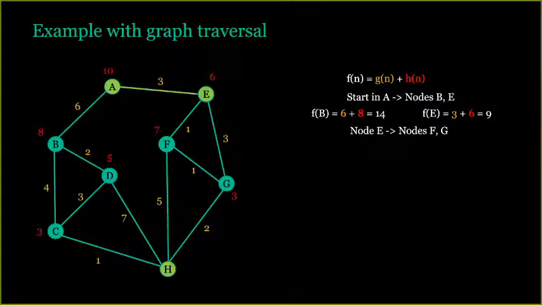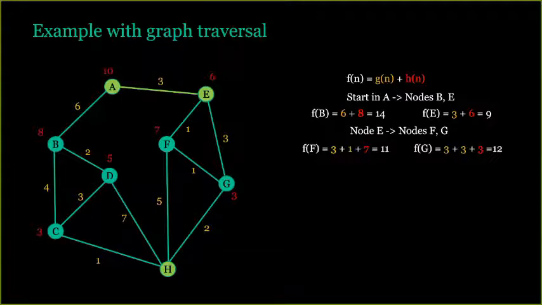The one thing I want to highlight is that the value of the g function is the sum of all edges you have passed while getting to the current node. So while calculating the cost of traveling from E to F, you should not forget about the cost of traveling from A to E. You should add not only 1 plus 7, but also not forget the number 3.